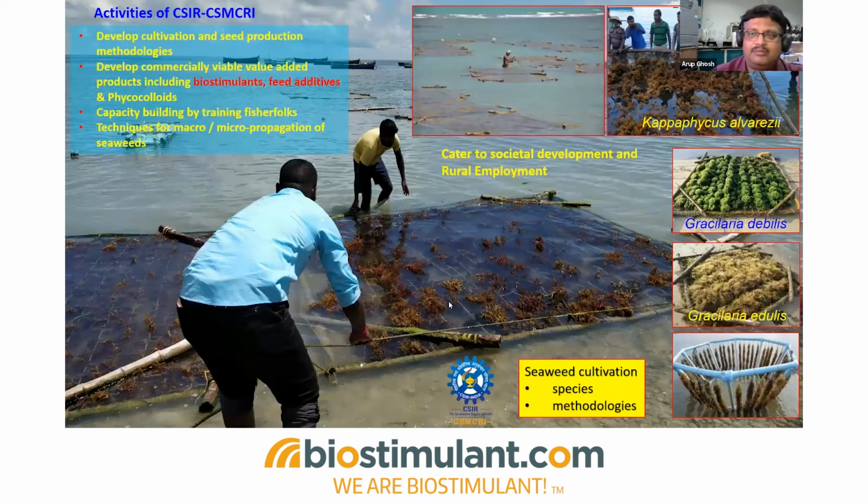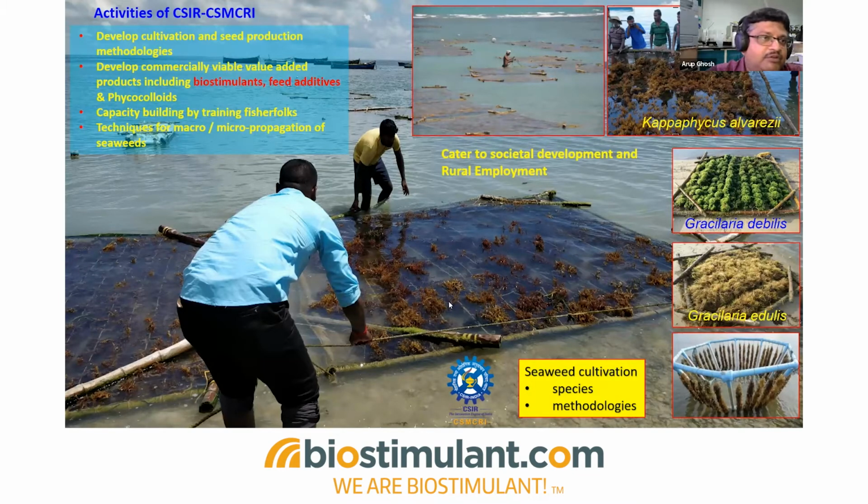In this figure, you can see that we have developed technologies to cultivate the seaweeds in the sea. This is particularly the photograph of seaweed that is called Kappaphycus alvarezii. This is a red seaweed, and other than this, we also have this Debilis and Edulis cultivation technologies also developed.